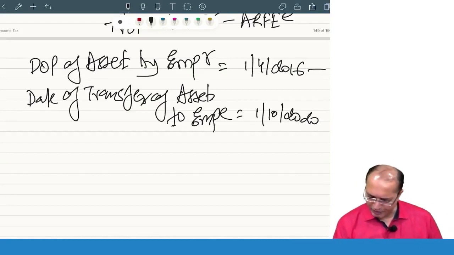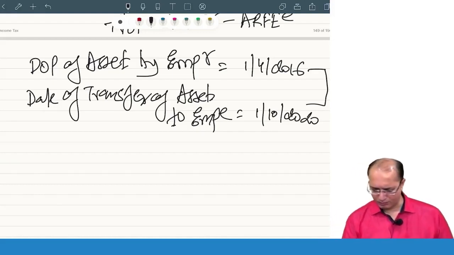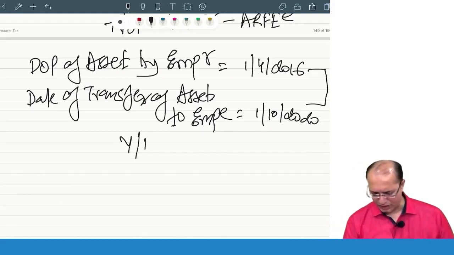Then this period you have to calculate in number of years, months and days.